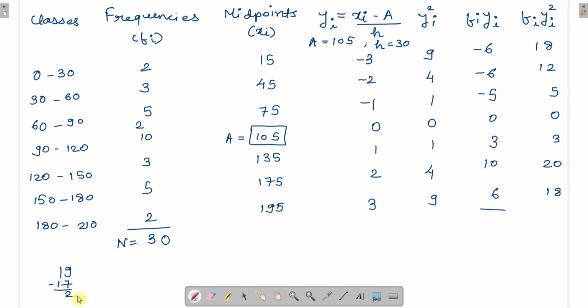So the sum is 2. Then this sum you have to find: 18 plus 12 is 30, plus 5 is 35, plus 3 is 38, plus 20 is 58, plus 18 is 76. Now we can find the mean and variance.